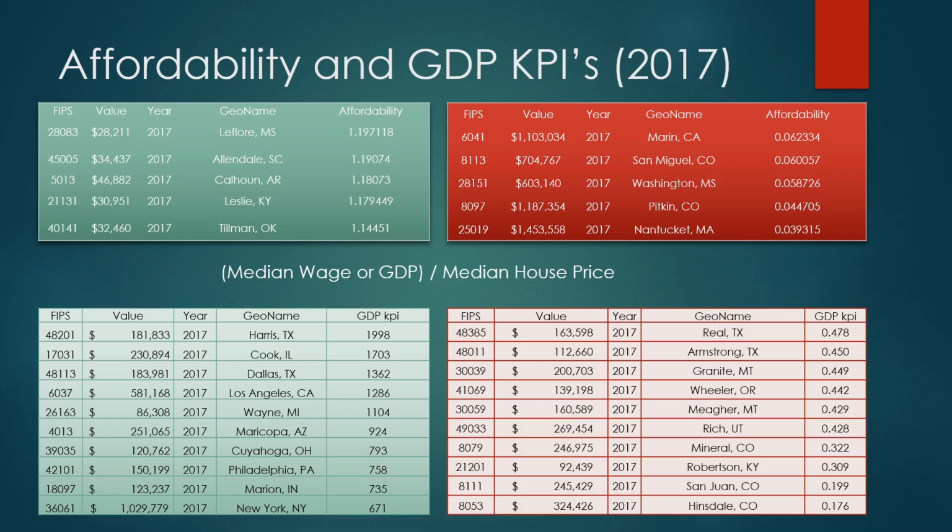The smallest GDP ratio was Hinsdale, Colorado, at 0.176. What's interesting is how to think about this with the home value included. In Hinsdale, Colorado, the median house price is 324,000, but there's not much GDP there, so there's not a lot of economic activity going on, but you have house prices that are still relatively high.